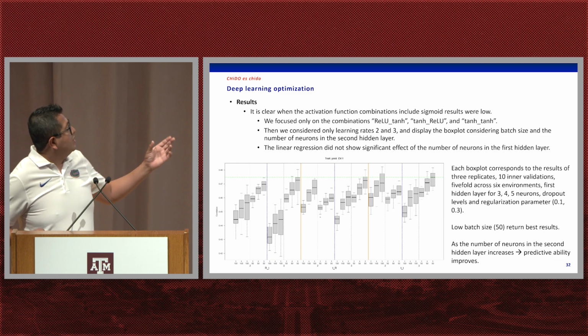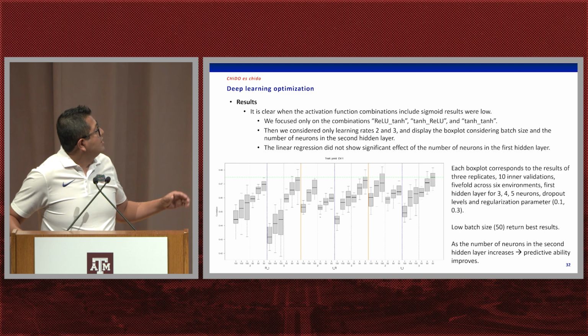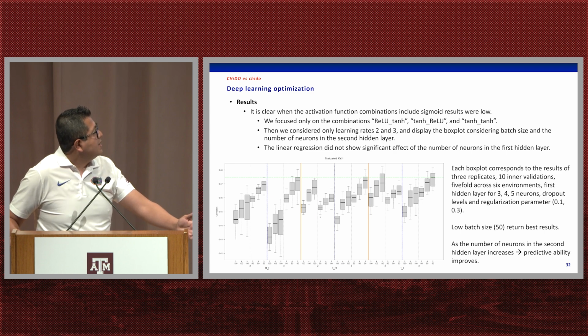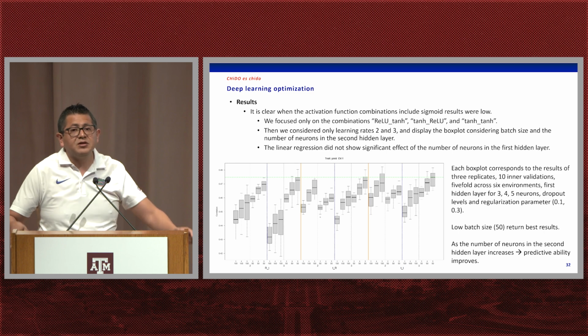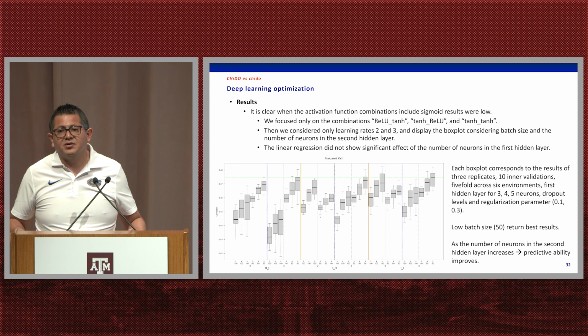As I said before, in the box plot we still have many results, right? We have the results on 10 inner validations, 5-fold, across 6 environments, and the dropout levels and regularization parameters are confounded, but at least are not that crucial to affect predictability.